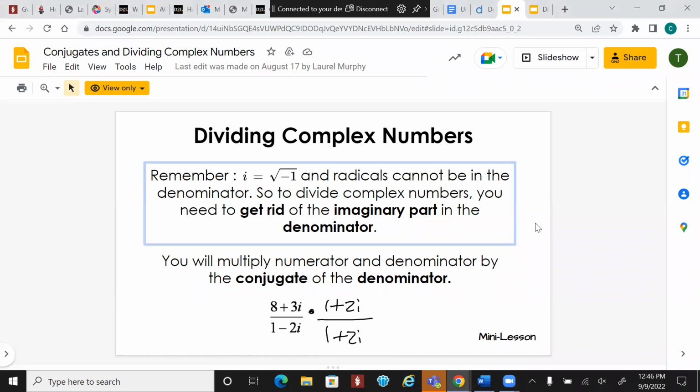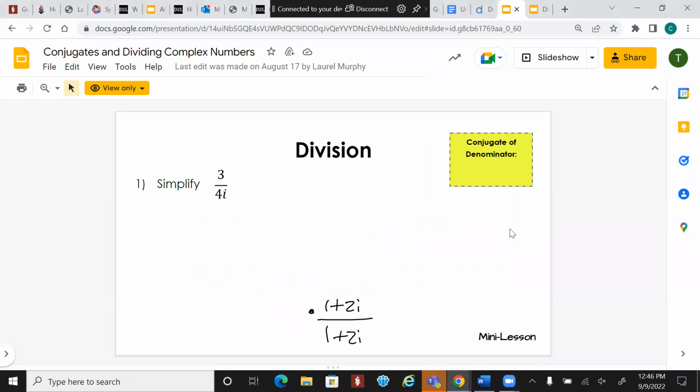Taking a look at the next example, what is the conjugate of this one? What's the conjugate of the denominator? -4i. So we're going to multiply by -4i in the top and -4i in the bottom.